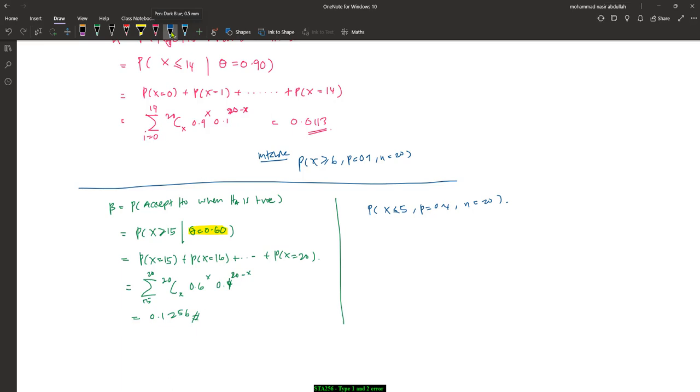So kalau nak cari ni kena guna complement balik. 1 minus probability of x more than or equal to 6, probability of success 0.4, n equal to 20. Should get the same answer lah, 0.1256. Right? Okay? Boleh eh?